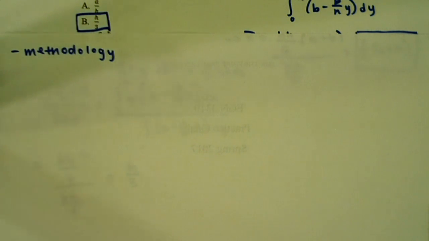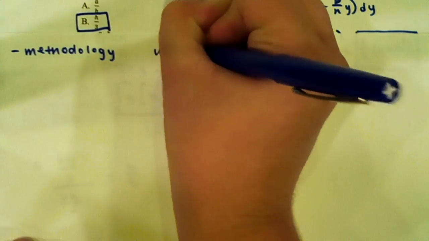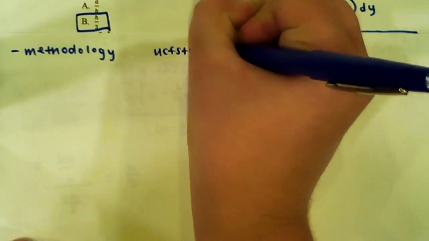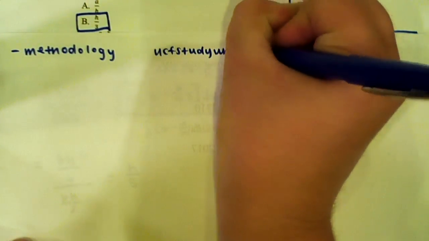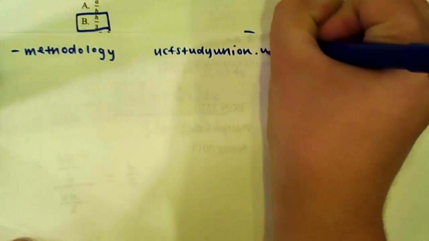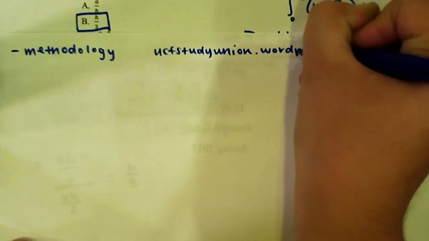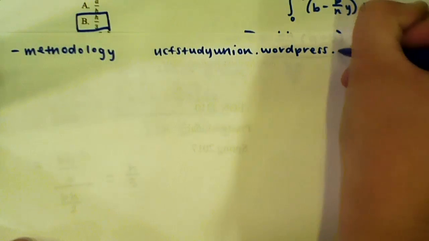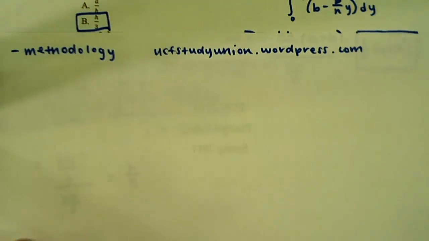It's on the UCF Study Union .wordpress.com. You can find this review, and another thing that has relationships for shear moment diagrams.